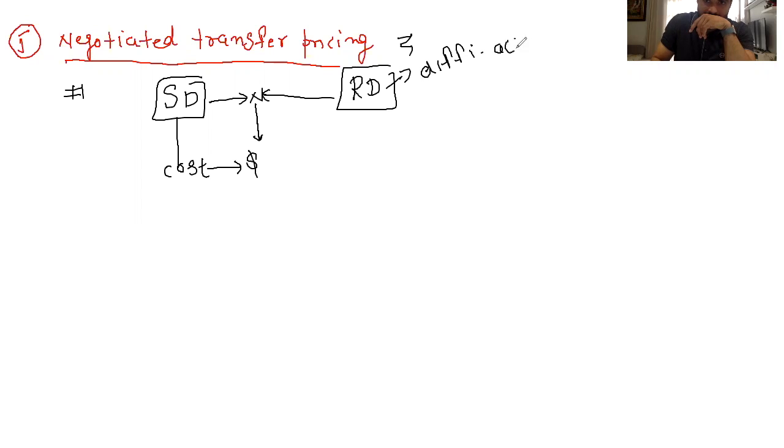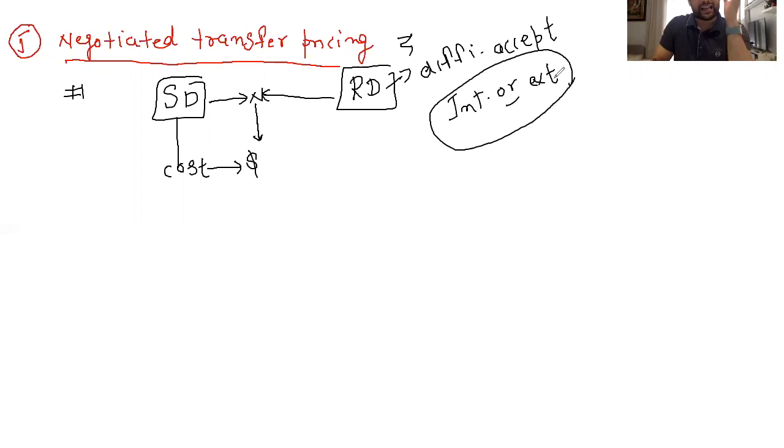Of course, external, outside, is less likely to involve a negotiation, but the supplying division is much more involved in a negotiation. Okay.